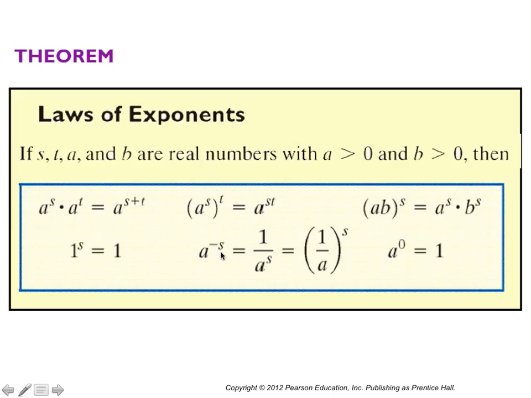So if you have a to the negative s power, that's the same as 1 over a to the positive s power. And in addition to that, you could take an s out because of these two rules that we've already learned. So you could write this as 1 over a to the s power. And then the other thing is that anything to the 0 power is just going to be 1.